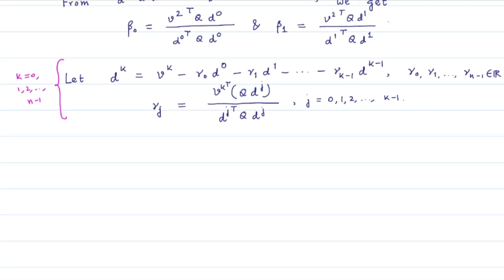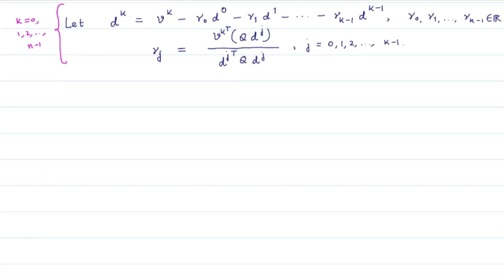In fact, in finding a minimizer of a quadratic function, we identify a set of n many Q-conjugate directions, then starting from any arbitrary initial point x0, we minimize the function f along these n many directions.